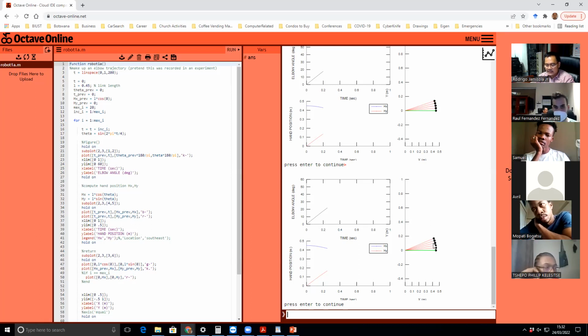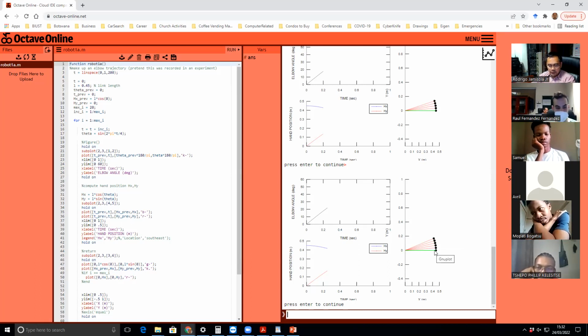In this case, the X, the one that Dr. Rahul was discussing, is the component along X and the component along Y. As you can see here, X starts with 0.45, the length.